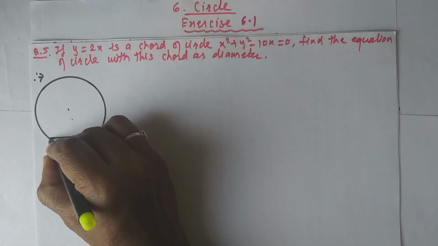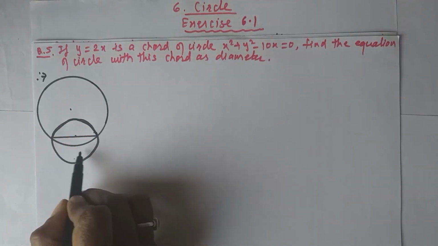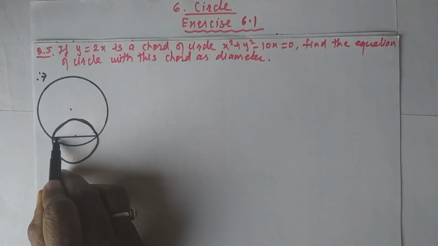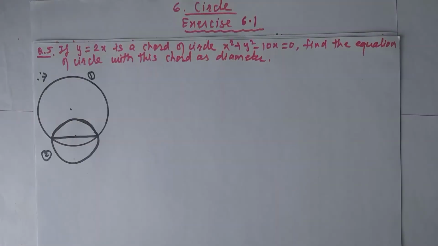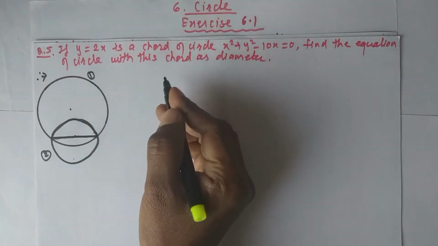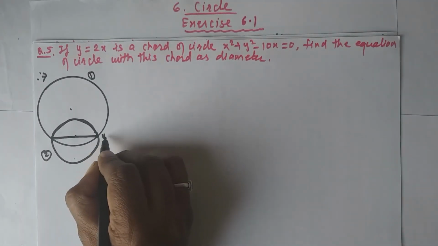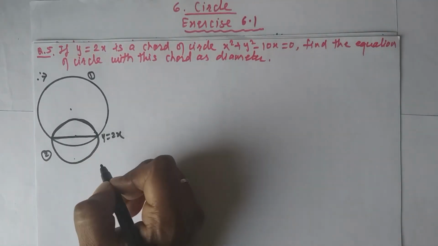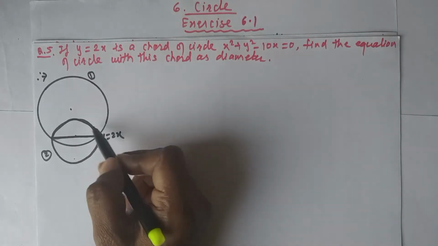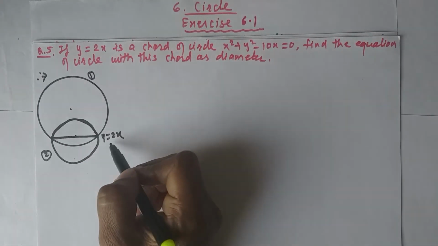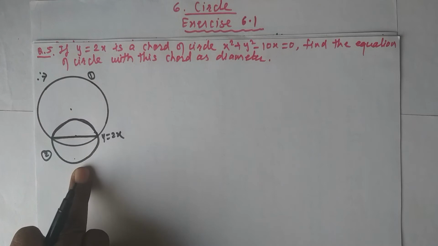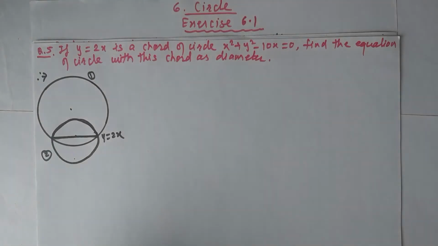Okay, then we will draw here a rough diagram. Suppose this is the circle whose equation is given, x square plus y square minus 10x is equal to 0. This is y is equal to 2x, the chord of the circle, and we have to find the equation of this circle whose diameter is this chord. Means we have to find the equation of this small circle.